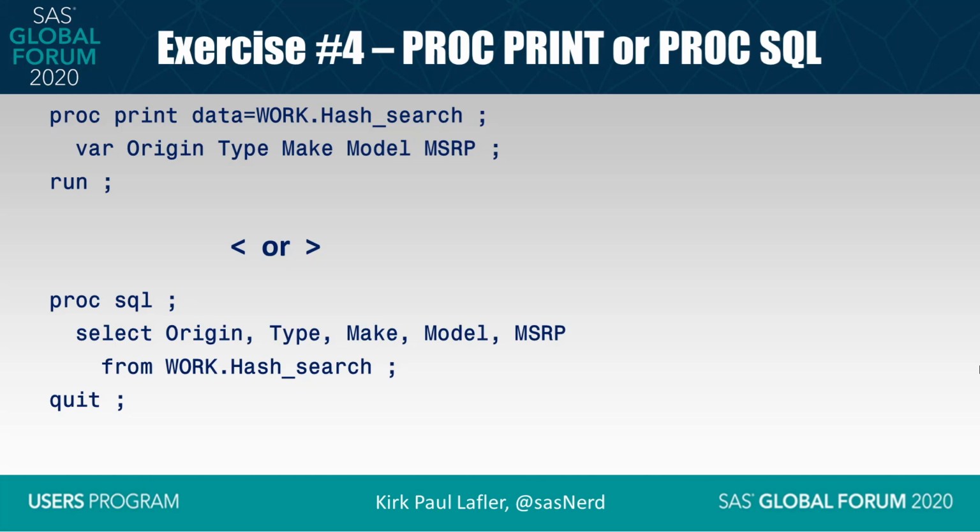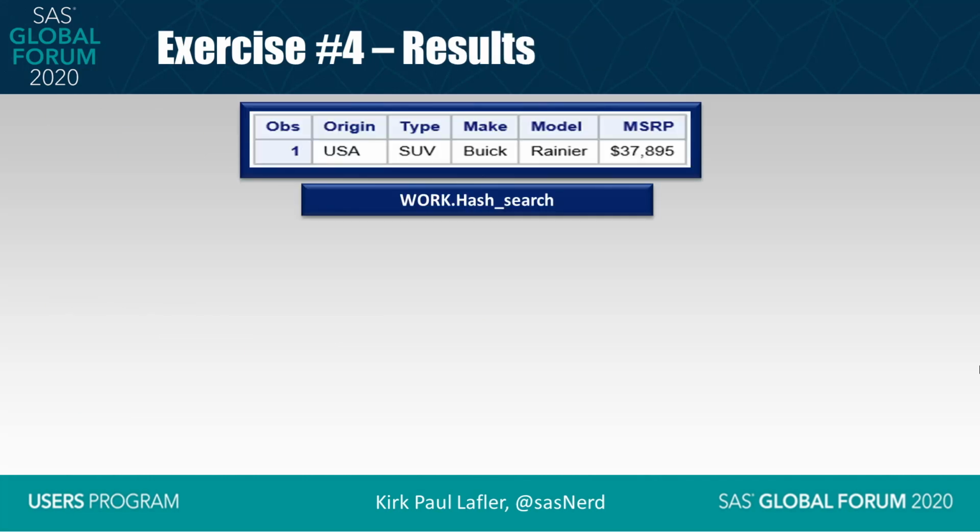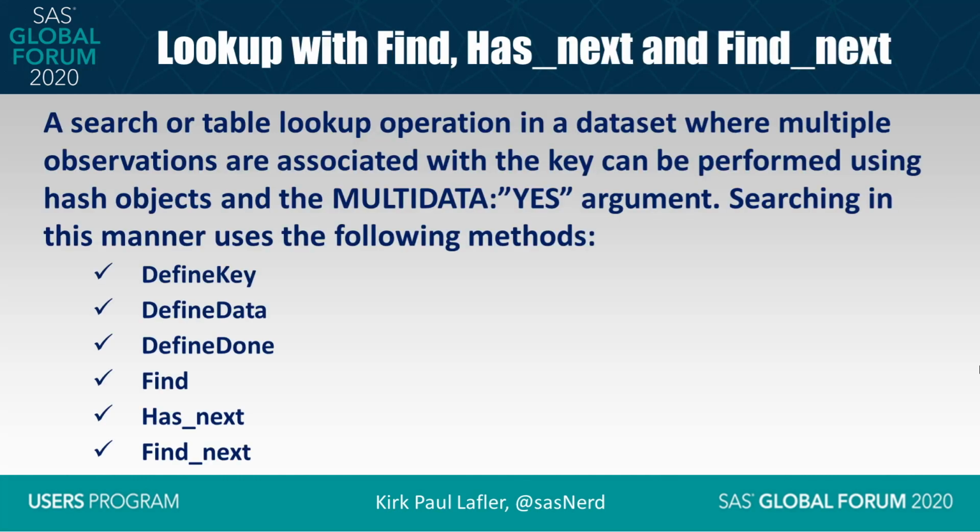Of course, you can use PROC report or PROC tabulate and other things, but just to keep it simple and to concentrate just on the hash object, I thought let's just use PROC print or PROC SQL, whichever you're familiar with, just to explore the result set. In this case, it found USA, SUV, Buick, Rainier, and the MSRP. With the default action of the hash object, once it finds a value in the hash object, it automatically stops.